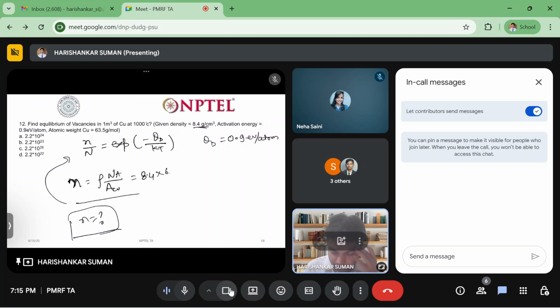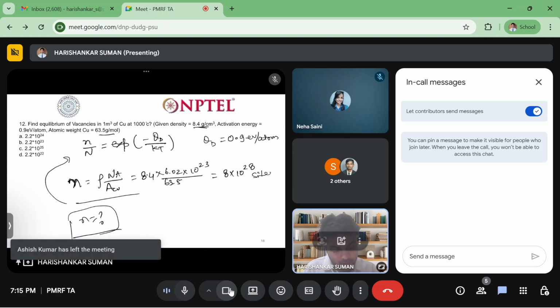You know the Avogadro number, 6.023 times 10 to the 23, and atomic weight is already given, which is 63.5 gram per mole. After calculating that, you will get n.